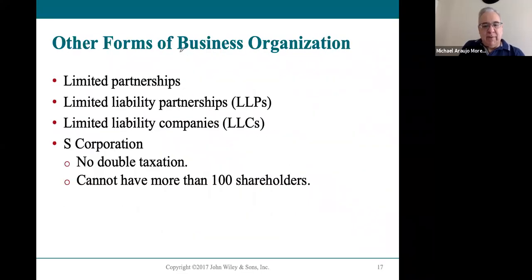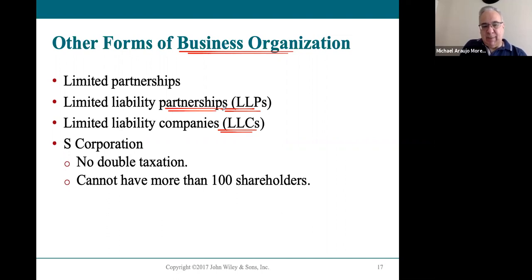There are lots of other forms of businesses that we're not going to get involved with, but I will tell you that they are basically combinations of the best of the partnership form and the best of the corporation form. So whether it's a limited liability partnership or a limited liability corporation, they are basically lower tax and less liability.